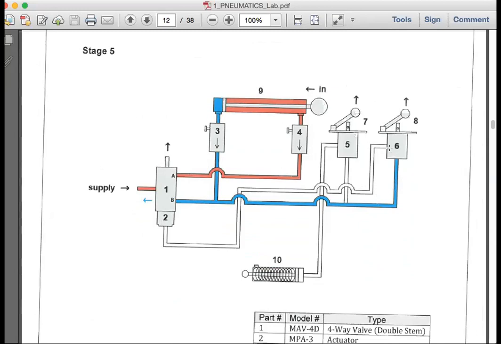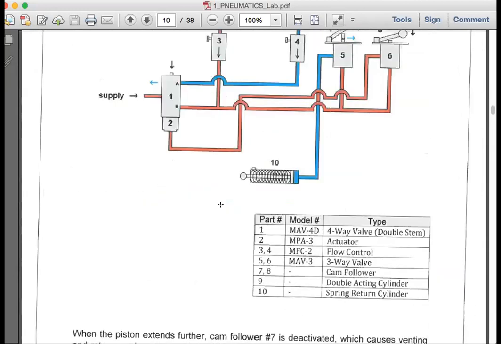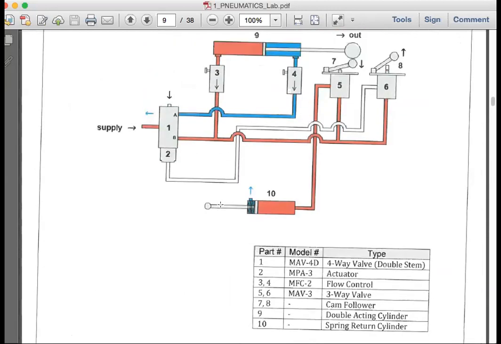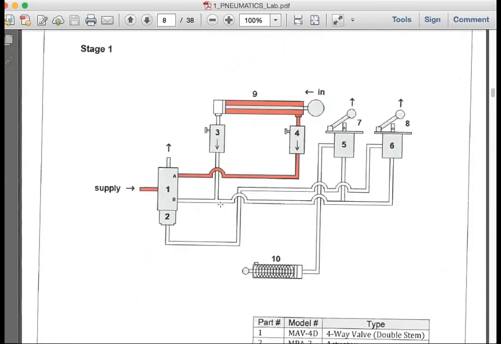If the piston is fully in, then they indicated that at the last moment this part is venting because the piston fully returned. But eventually the initial system is without this blue because everything vents, and your initial stage is going to be just like that.